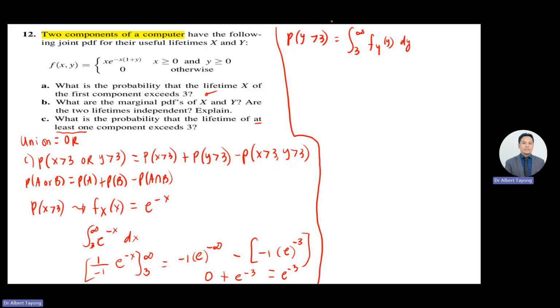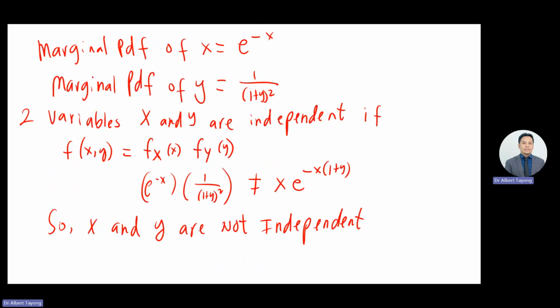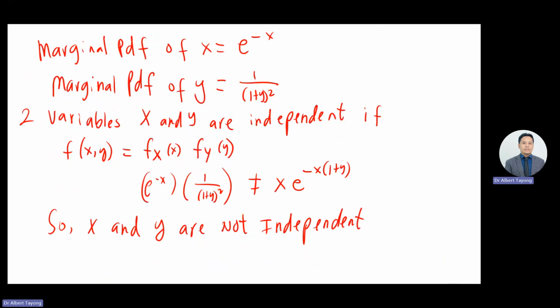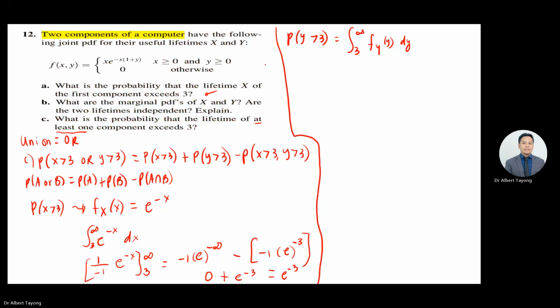This one we calculated already. The answer is here: we have 1 over 1 plus y raised to the power of 2. So that is equal to the integral from 3 to positive infinity of 1 over 1 plus y squared dy.